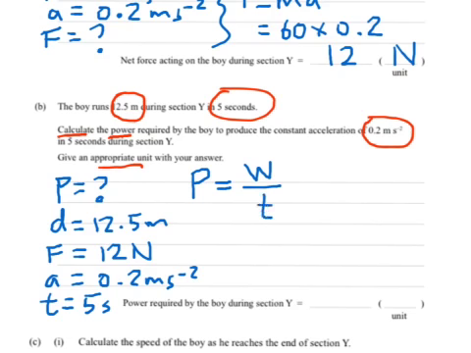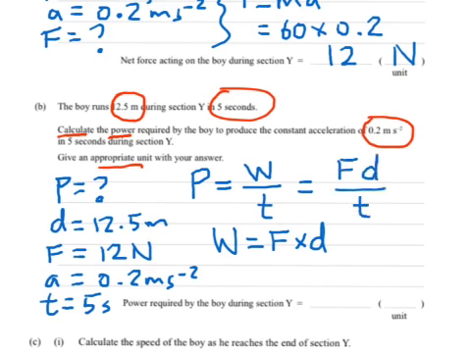Okay, and I also know that the work done is the force times the distance over which that work is done. So we could modify this equation to be F times D over T. And that'll give us the power if we have the force, which we do, there it is, if we have the distance, which we do, and if we have the time, which we do.